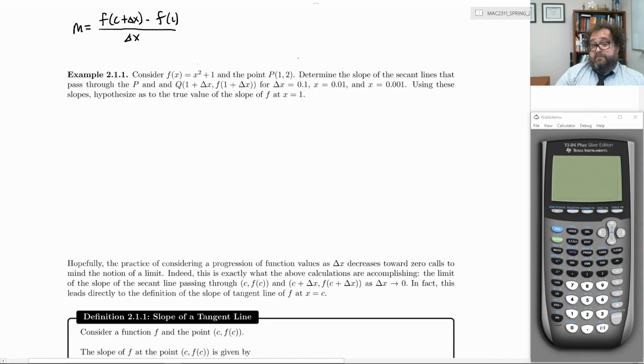Now we have a specific function and we have a specific point. So there's our point that we're interested in, and there is our function. So we can actually plug into this slope formula and get a specific version that works for this function and this point.